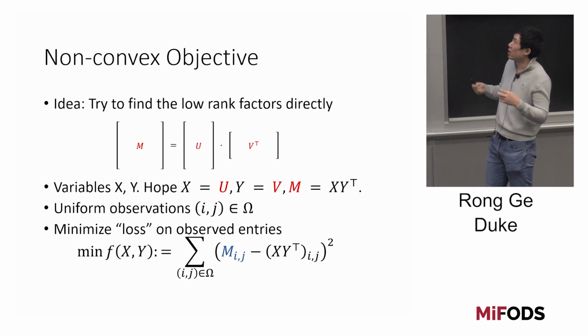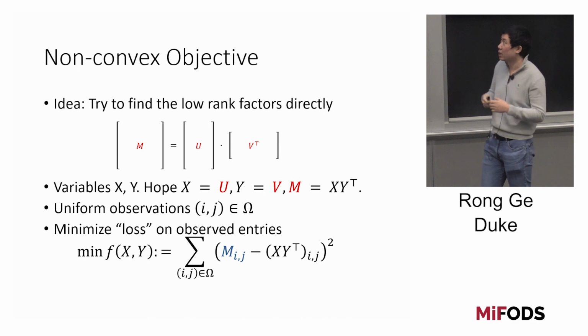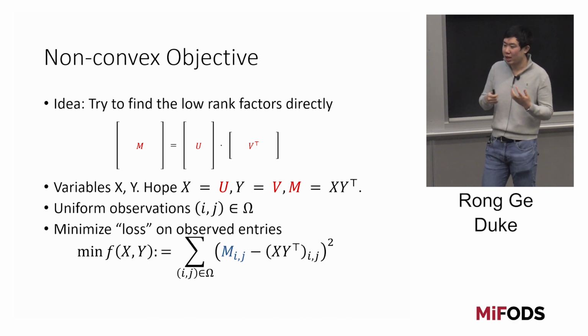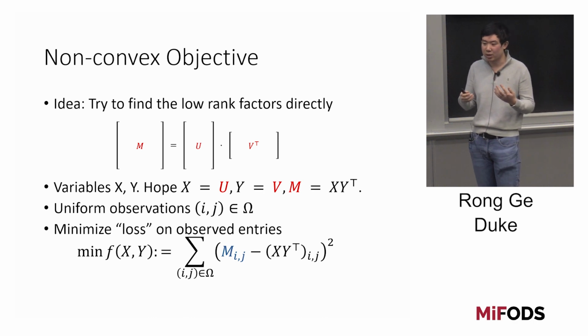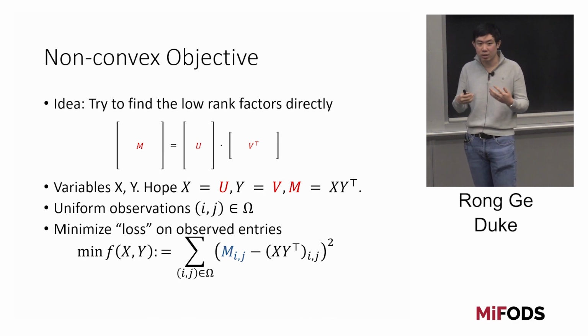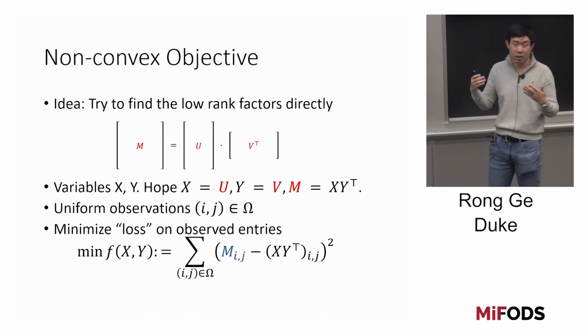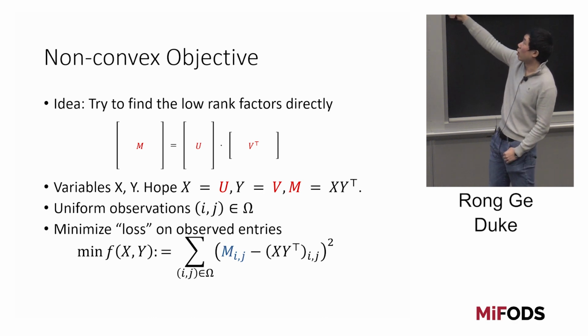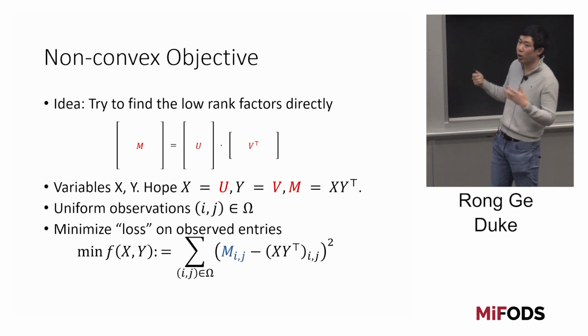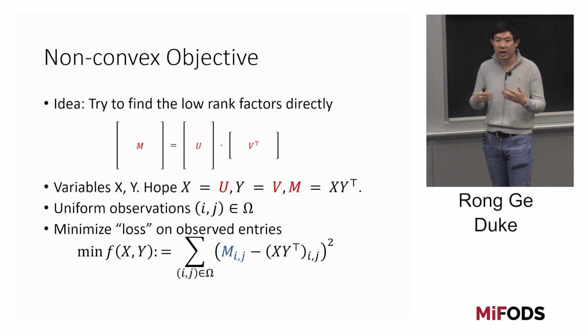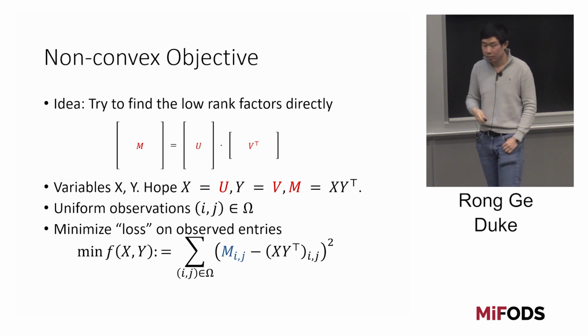I want xy transpose to be equal to m, right? So how do I ensure that? Well, I have observed some entries of m. So let me make sure at least for the entries that I observe, xy transpose is equal to m. I can do that by minimizing this squared loss function, which is, for all the observed entries, the square difference between mij and xy transpose at ij.